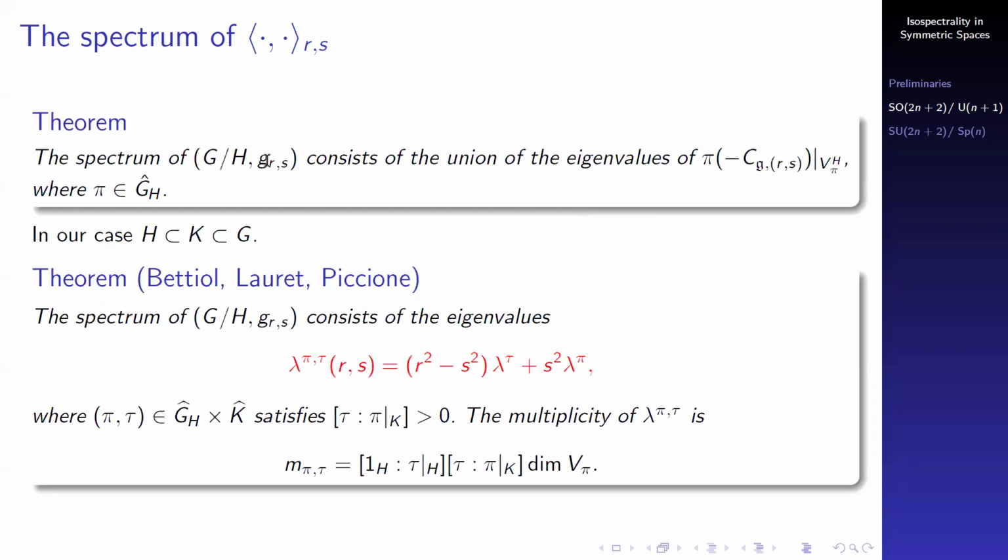And with these ingredients, we can describe the spectrum. It is well known that the spectrum of G/H with this metric that we constructed consists of the union of the eigenvalues of this operator.